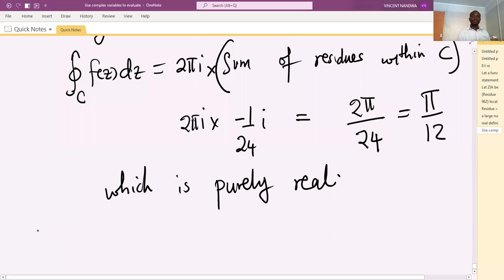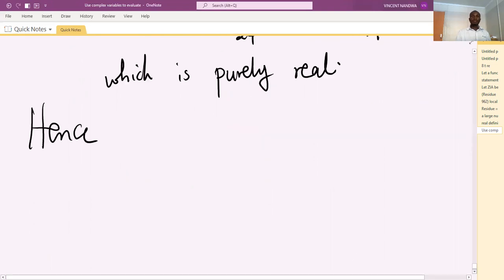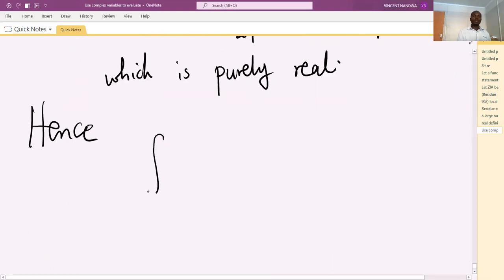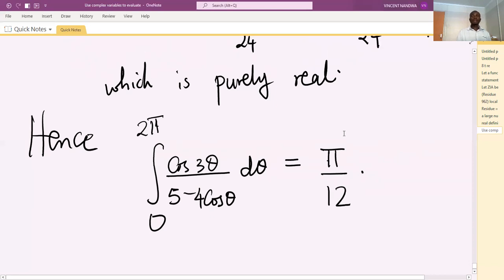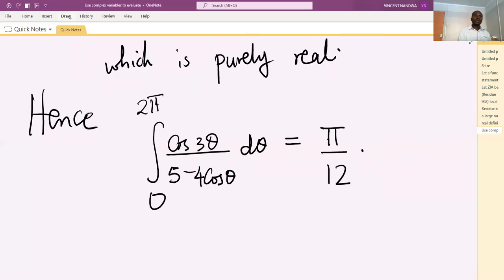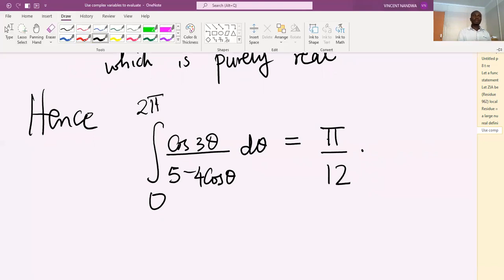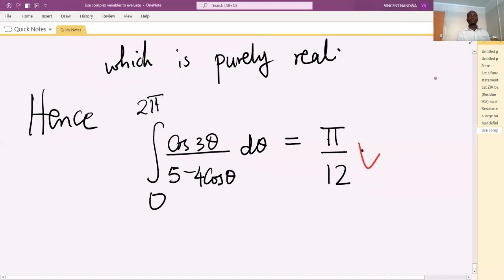Hence, the given integral from 0 to 2 pi of cos of 3 theta divided by 5 minus 4 cos theta d theta is nothing but pi over 12, as we have seen at this point. So this is how we are to argue the solution to the given problem. Thank you.